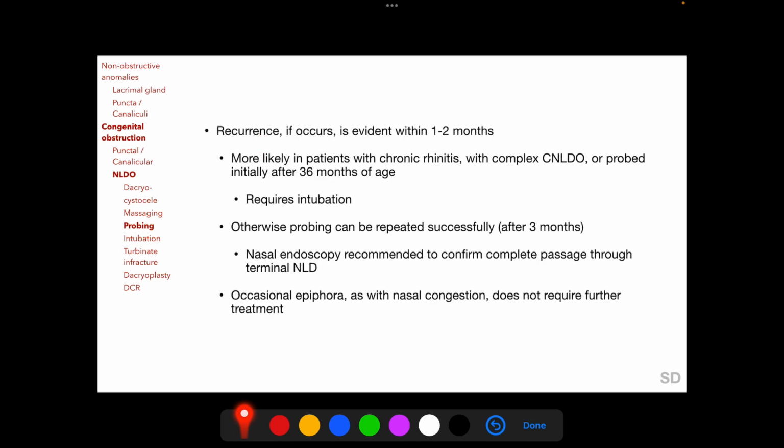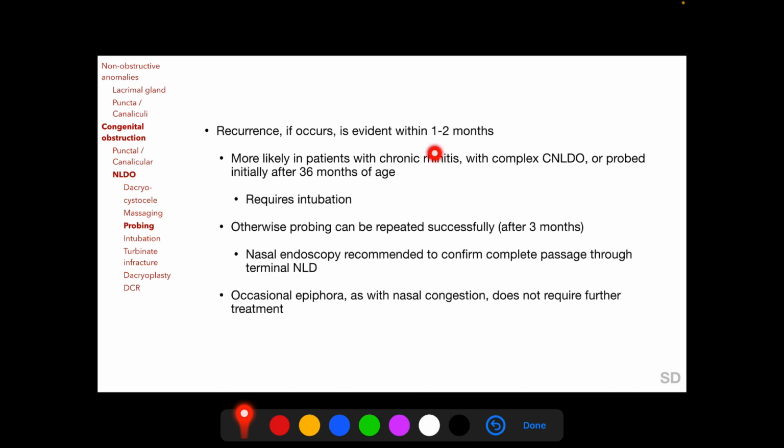Recurrence of epiphora, if it occurs, is evident within 1 to 2 months of initial probing, and recurrence of epiphora is more likely in patients with chronic rhinitis, with complex CNLDO associated with facial cleft anomalies, or when the patient with CNLDO is probed for the first time beyond 36 months of age. And these patients require intubation, which we will be discussing next.